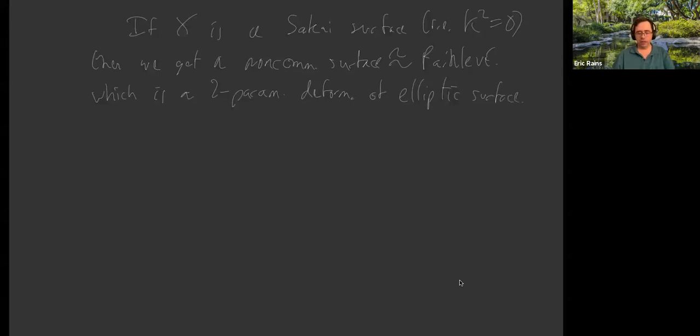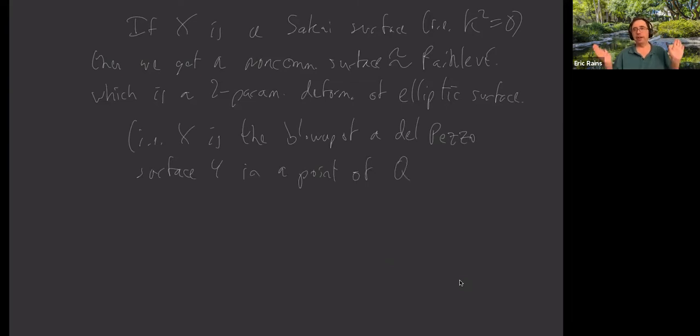And if bigger, you can take X to be the blow up of a del Pezzo surface in some point of the chosen anticanonical bundle. And moreover, it's on the identity component.